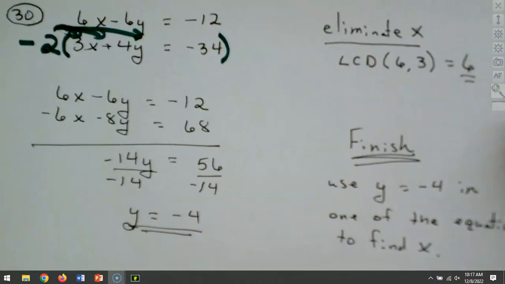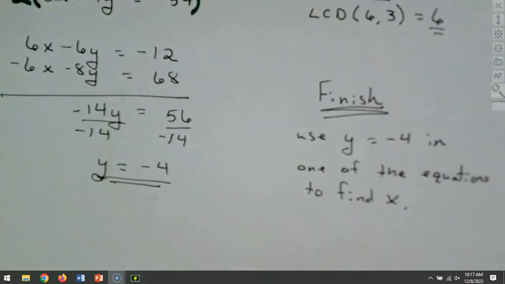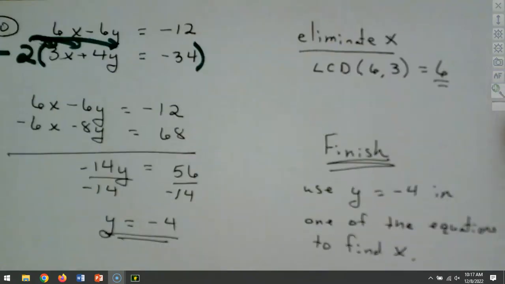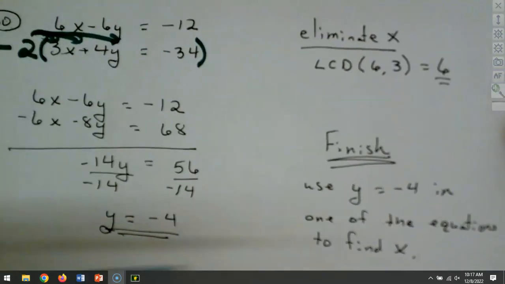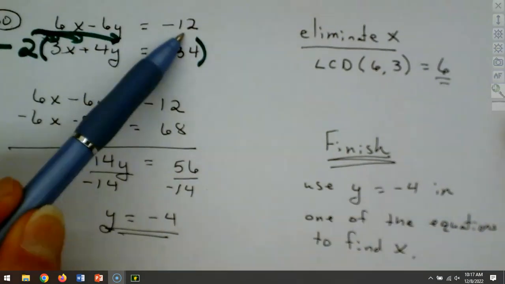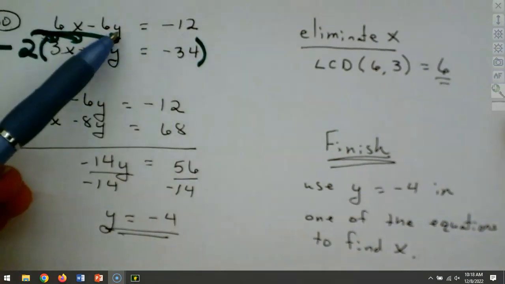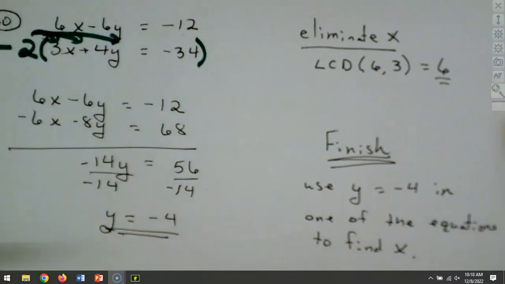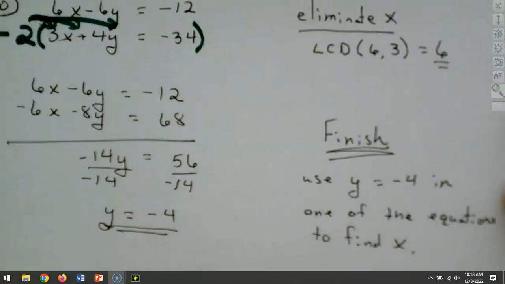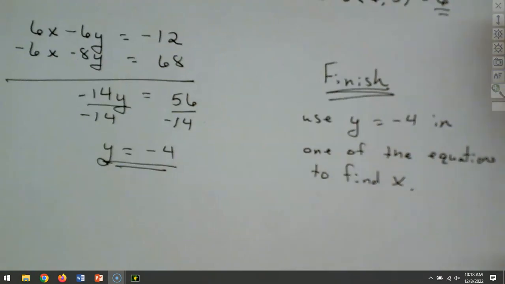So that's what you're going to want to do. You're going to want to plug in that y equals negative 4 into either one of these equations. Does it matter which one? No, I'd probably just plug it in here. Okay, so I plug it in there. Plug that negative 4 in, figure out what your x is, and then you write your answer as an ordered pair.